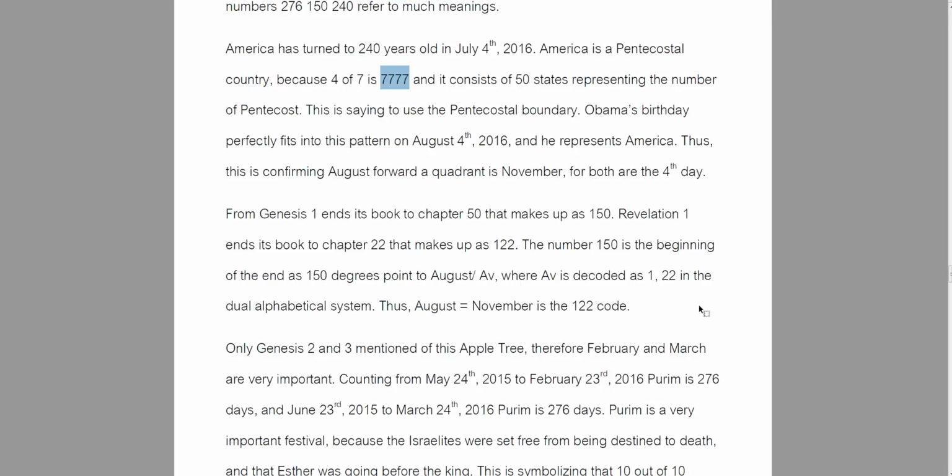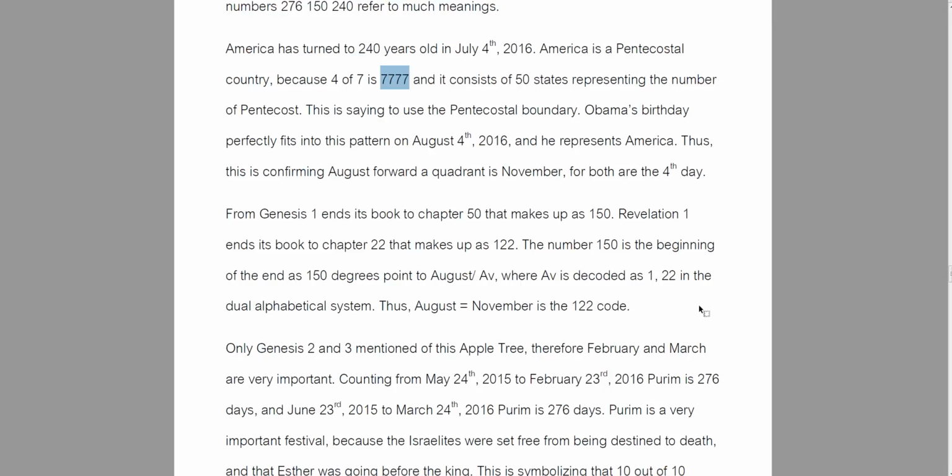So the Genesis 7 result consisted of the number 150 and number 240. So what's the meaning of that? It's actually backing up the confirmation of August and November.